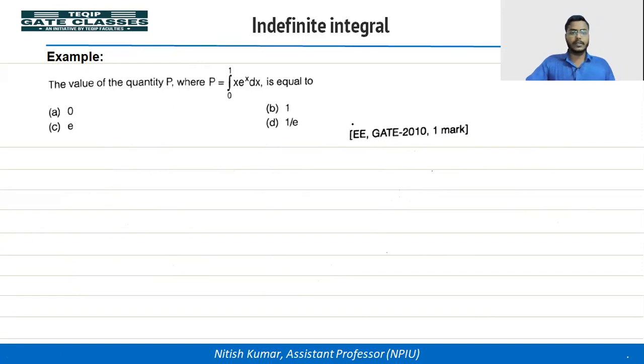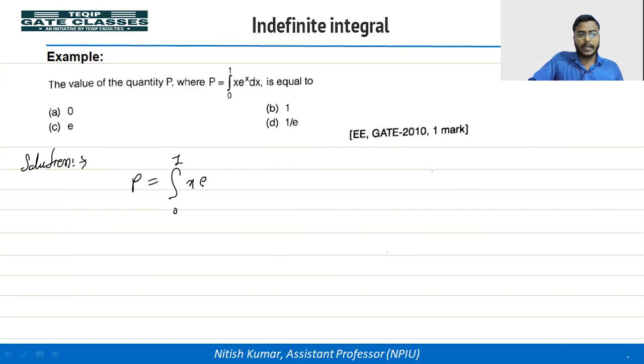Let's take a new question. The value of the quantity P, where P is equal to the integration between 0 and 1 of x e to the power x with respect to x. So first do the integration.